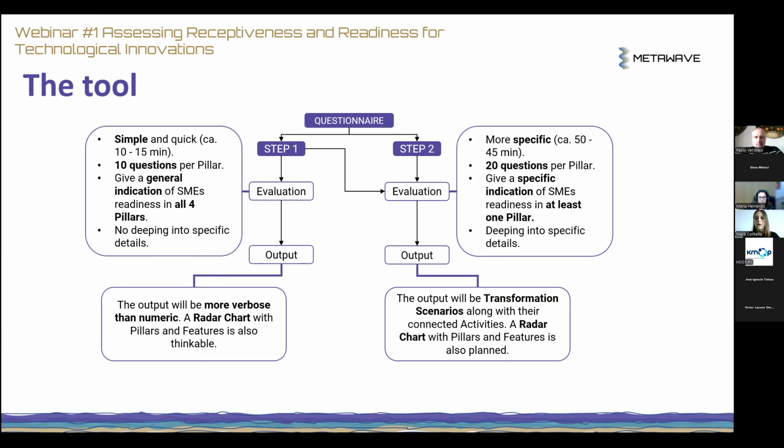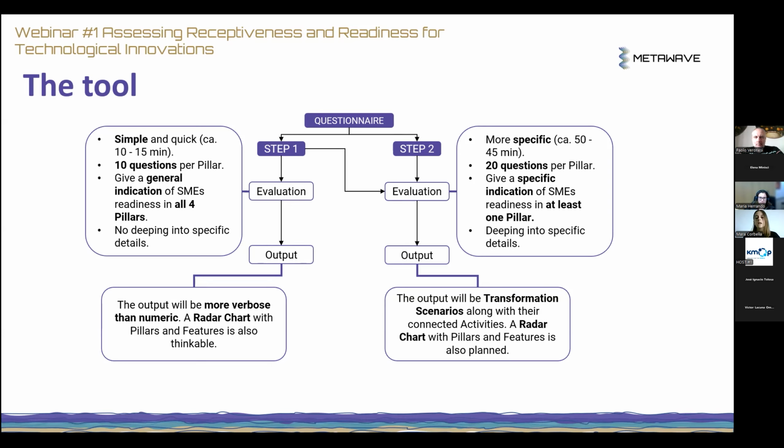For each pillar, you have 10 questions related to the features and then to the pillar, and they are more generic. After this step, the company will get a first evaluation, which is mostly graphic, in radar charts, to see in a graphic way how the company is performing in each of the pillars.